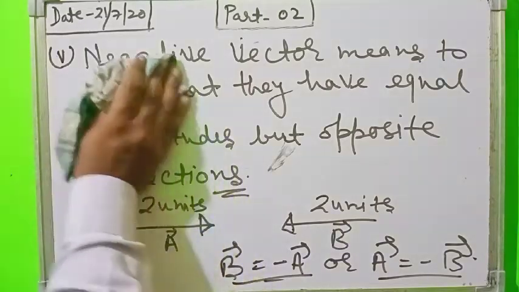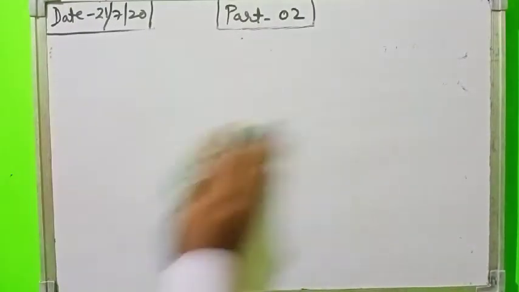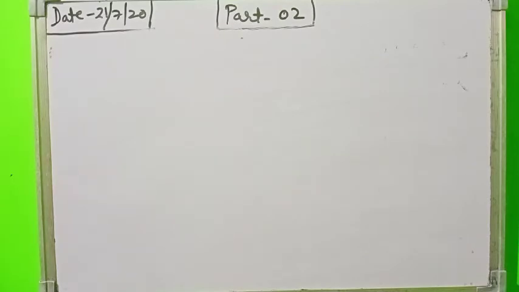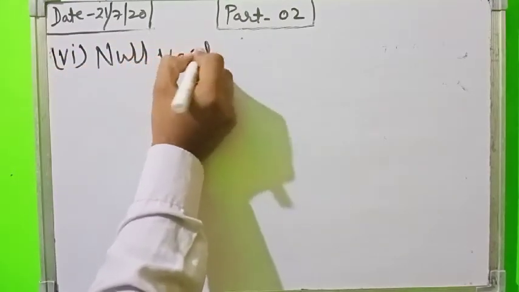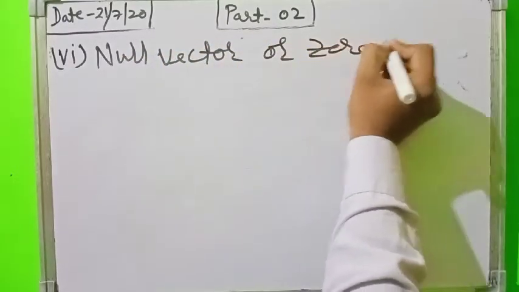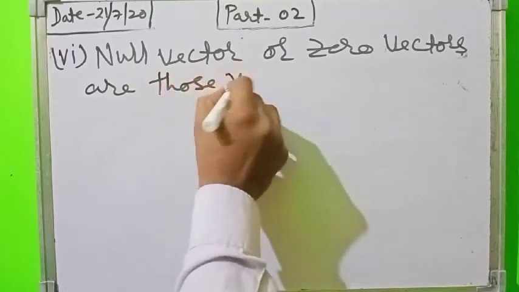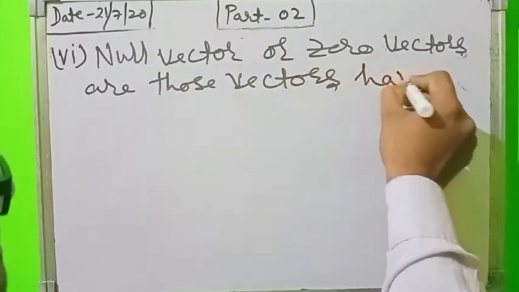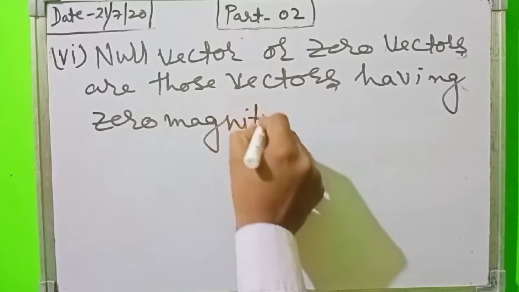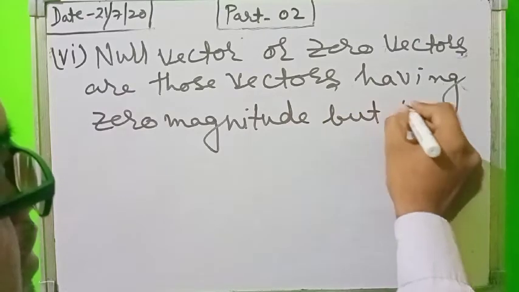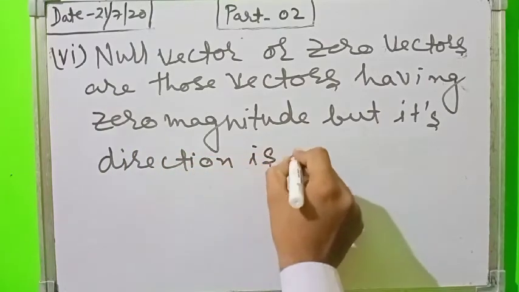Next one is null vector or zero vector. Null vector or zero vectors are those vectors having zero magnitude, but its direction is indeterminate.